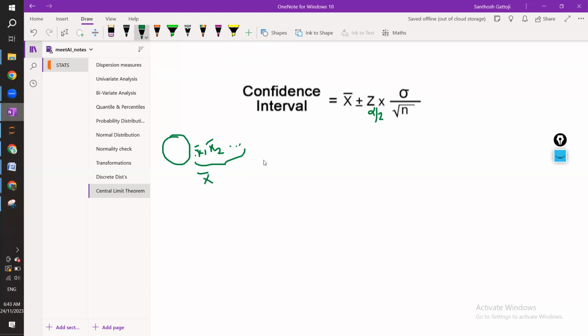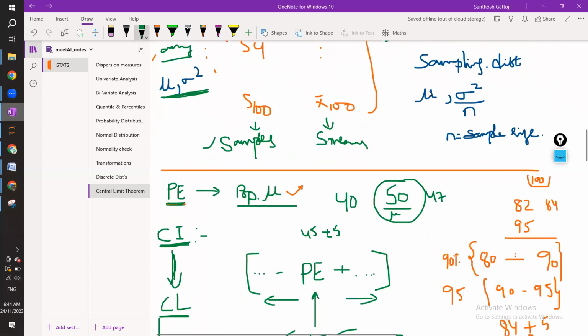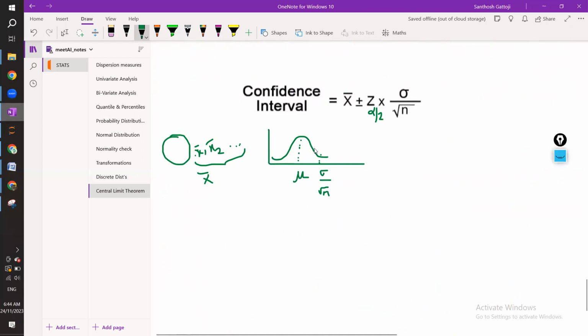Then we said the sampling distribution will follow a normal distribution, whose mean will almost be equal to the population mean, and its standard deviation will be rho by square root of n. If you take the square root of rho square by n, it becomes rho by square root of n.